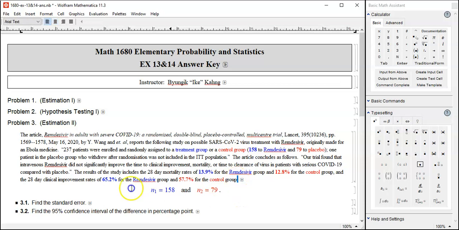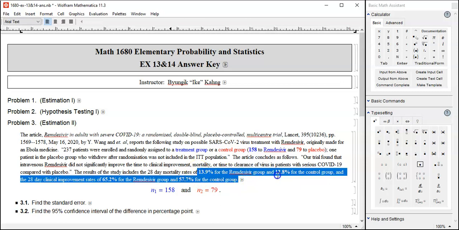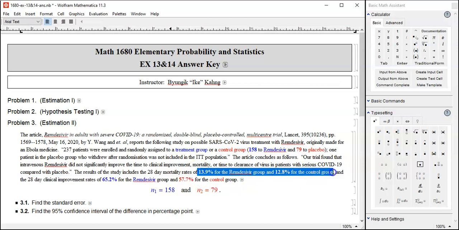This part makes some sense because the improvement rate is higher for those who received medicine versus those who did not receive medicine. So this second part may need some statistical analysis, which we will start shortly. But the first part does not need anything.